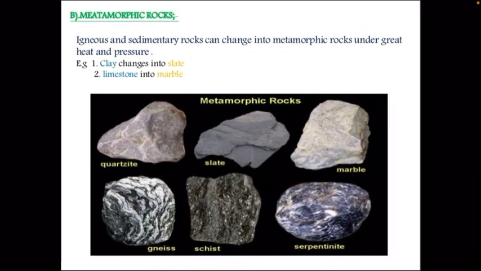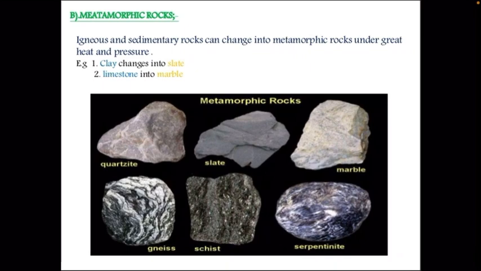And all these things happen because of the rock cycle. One type of rock changes into another type. As we studied, first when the lava comes out, it solidifies into igneous rock. Then these rocks break into different sediments. Because of heat and pressure, sedimentary rocks are formed. And when further heat and pressure is applied on these rocks, they form metamorphic rock.